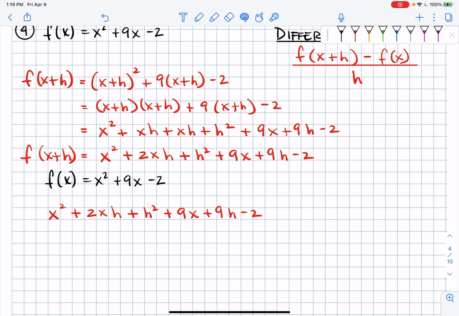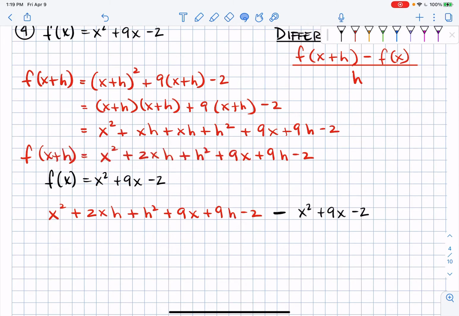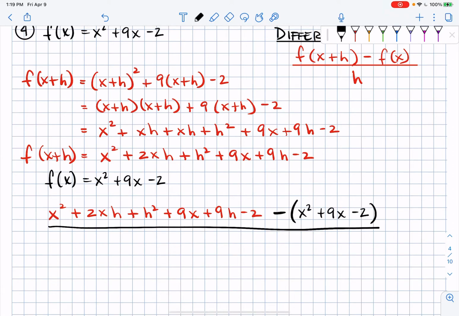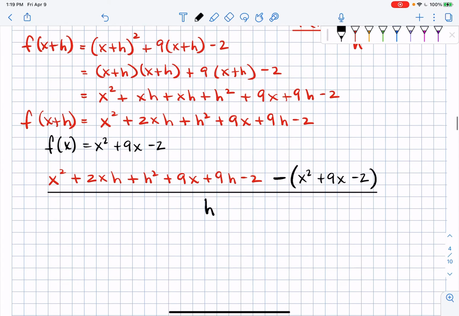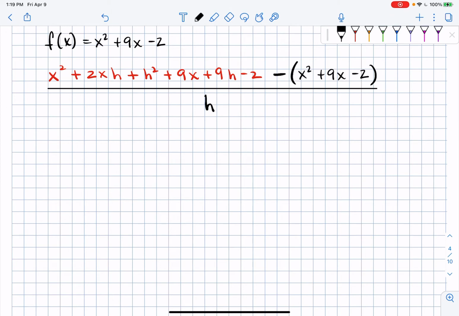Then I'm going to minus my f of x. And since this has more than one term, I need to put parentheses around it and then put this all over h. Okay.